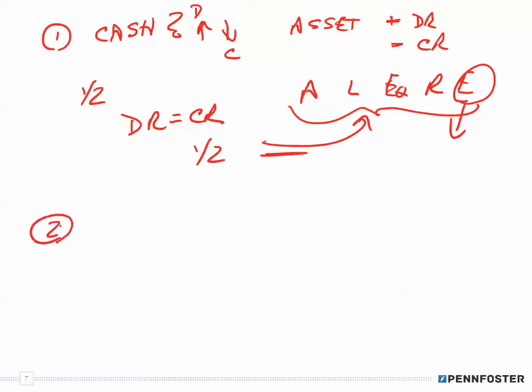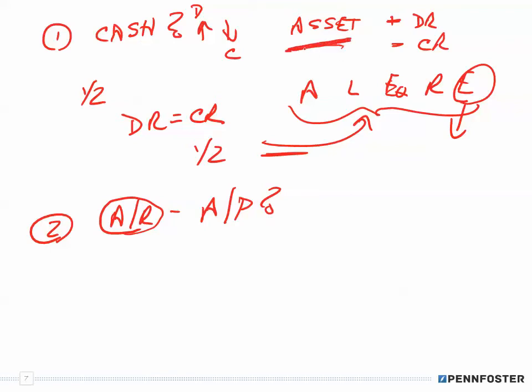If we ask the question, does this affect cash, and it doesn't, then we ask, does it affect accounts receivable or accounts payable? If the answer is yes, and let's say it's accounts receivable, notice that accounts receivable is just like cash.